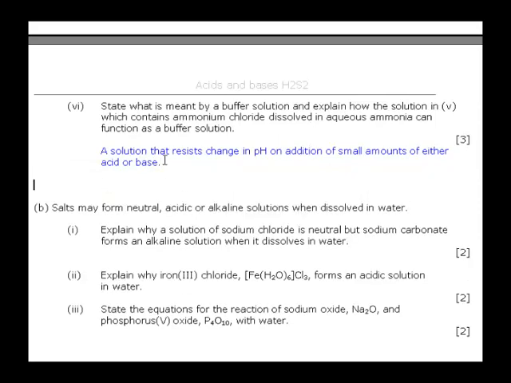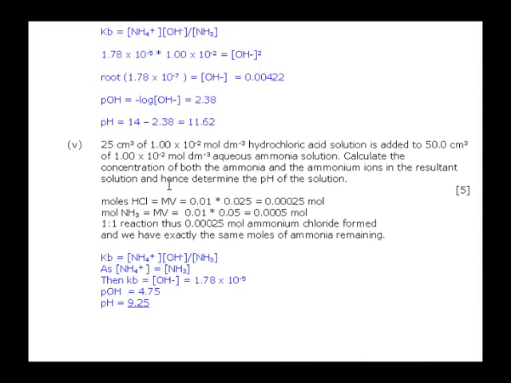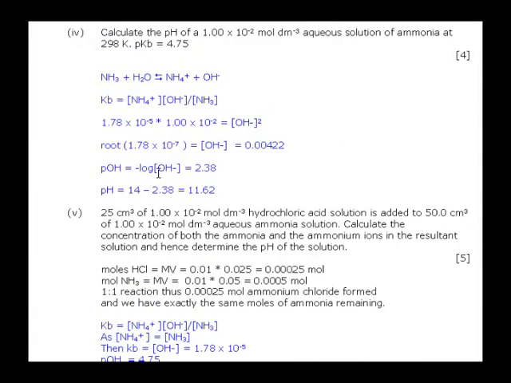Okay, for this the best way to do this is to look at our equilibrium. Let's take the equilibrium reaction, which we have got somewhere back here. Here it is.